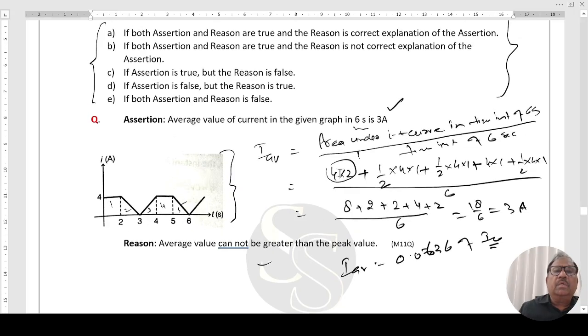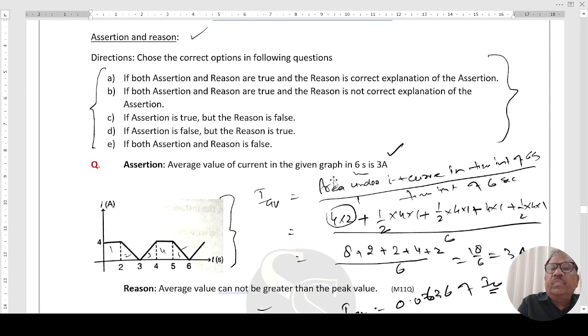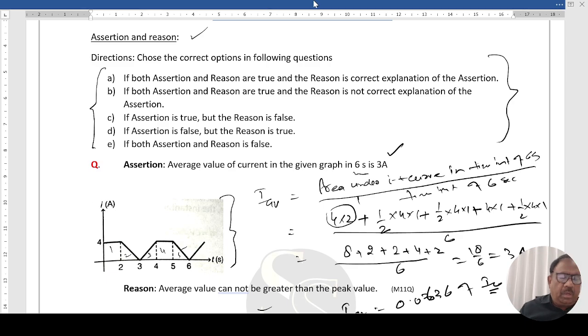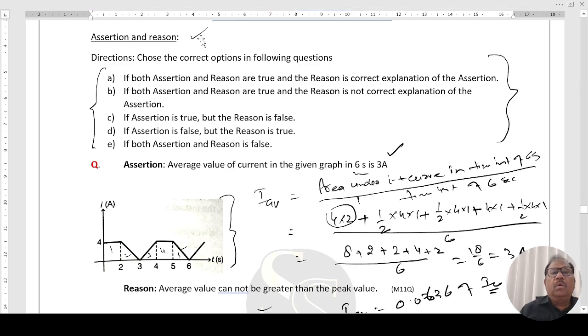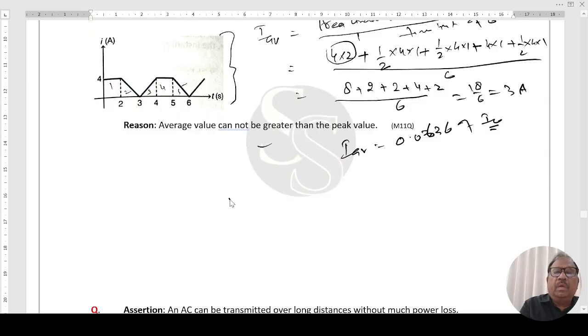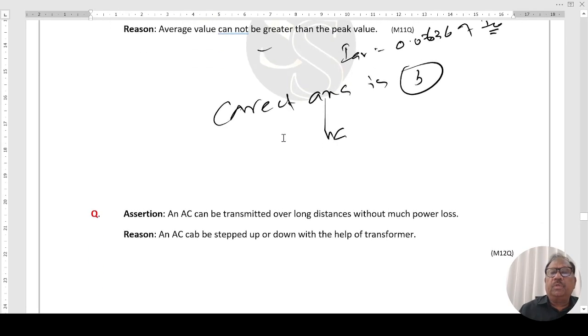So I think the answer should be A or B, which is the correct answer? If both assertion and reason are true, but the reason is not correct, so the answer is B. The correct answer is B. B option is correct.